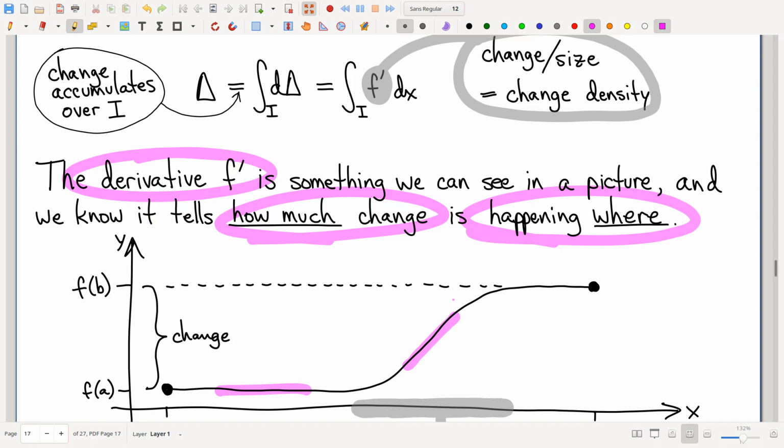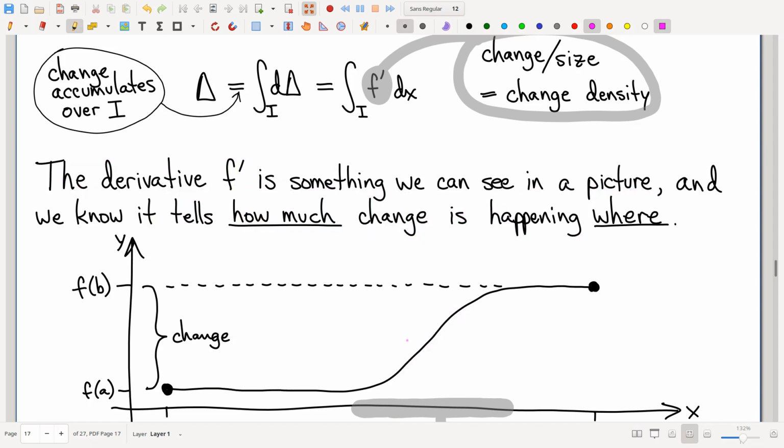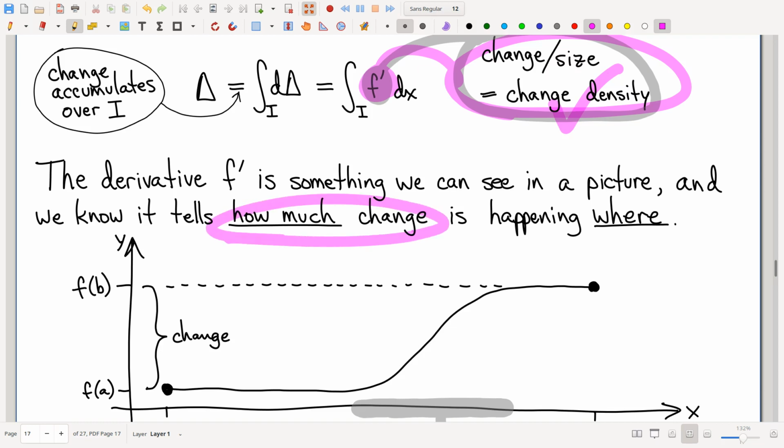So, neat fact then, whatever your density is, whatever your integrand is in your theorem, and any of these accumulation theorems, the density is literally telling you how much your quantity is happening wherever it is that you might happen to be looking.